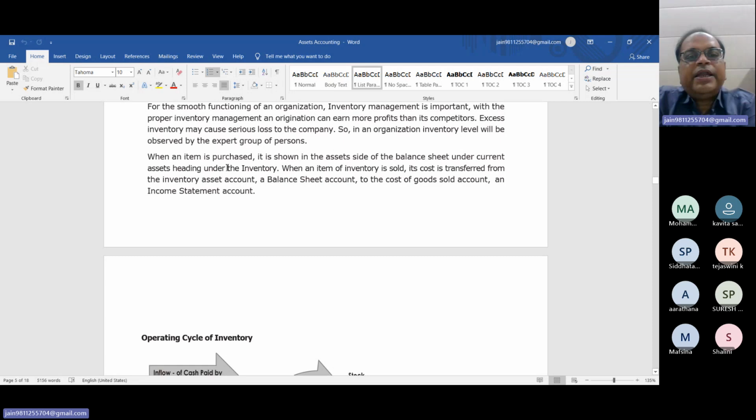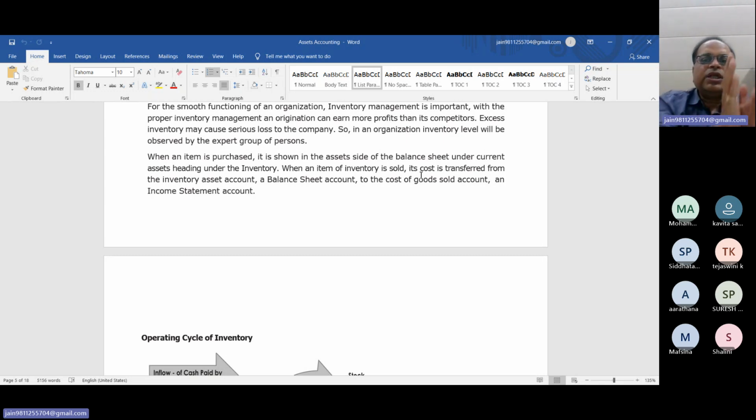When an item is purchased, it is shown on the asset side of the balance sheet under current assets, under inventory. When the inventory is sold, it is transferred to the profit and loss account. If you have a closing balance of inventory, we show it in the balance sheet.